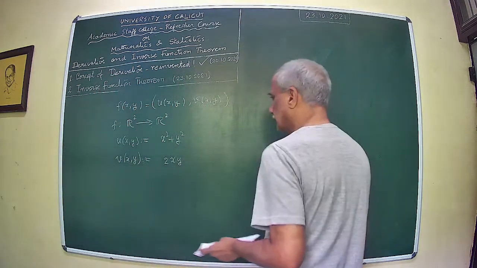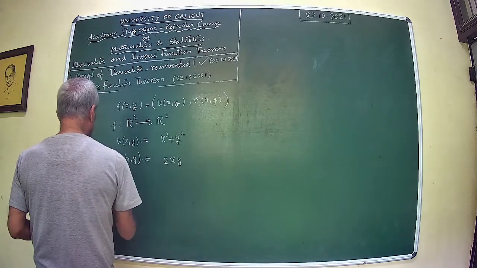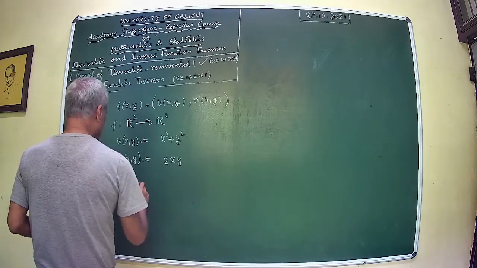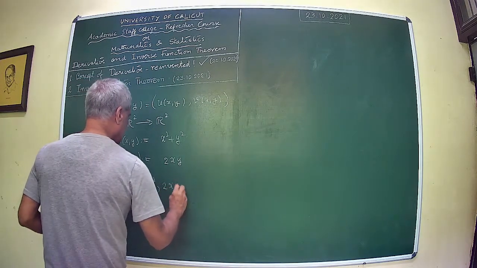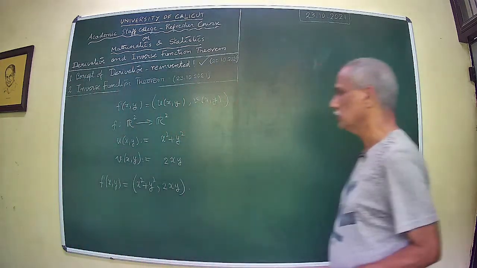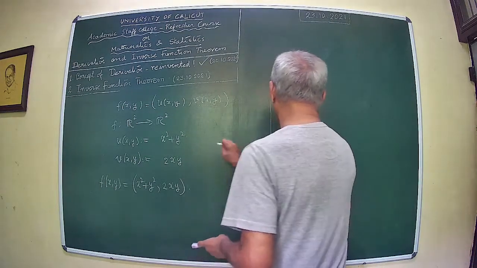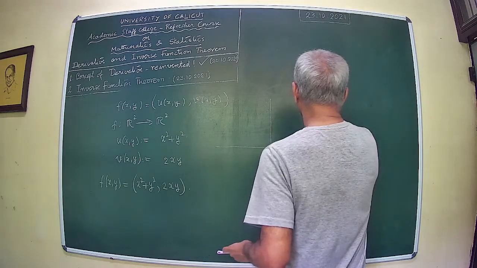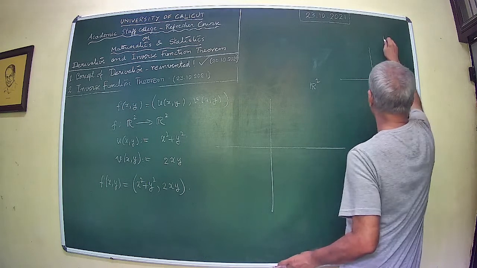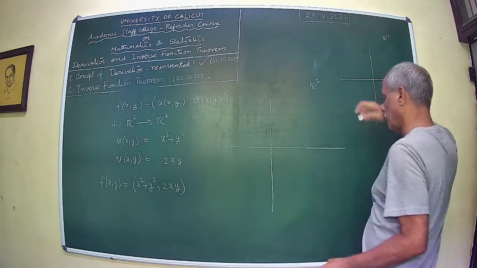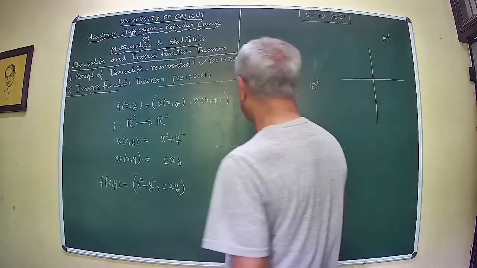Therefore your map is this: f of (x,y). What does this map look like? It's a map from R2 to R2, and you see that it is defined for every point here.